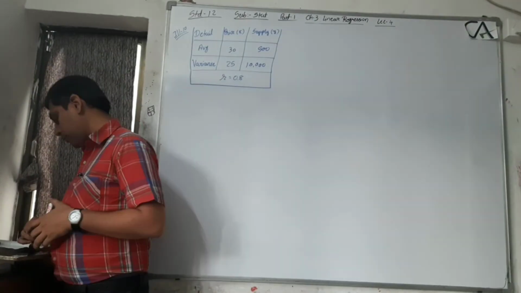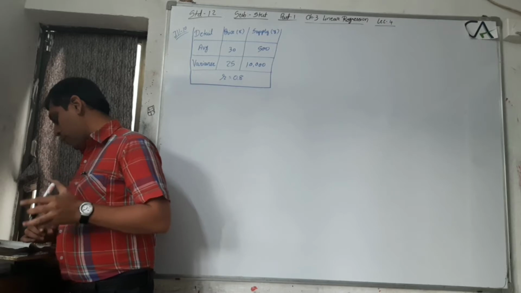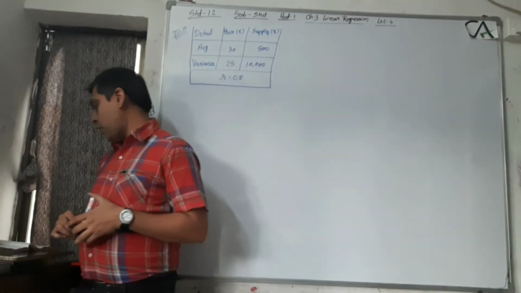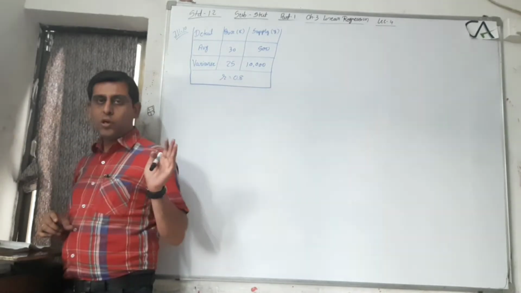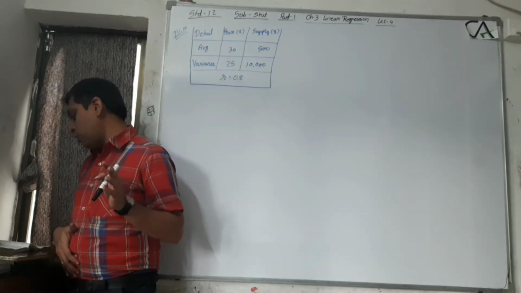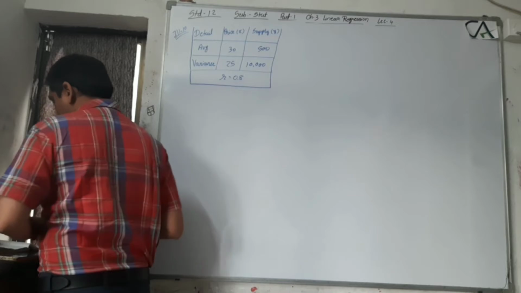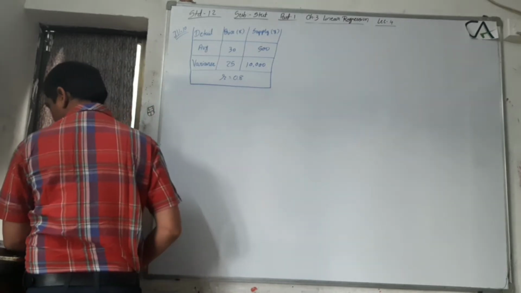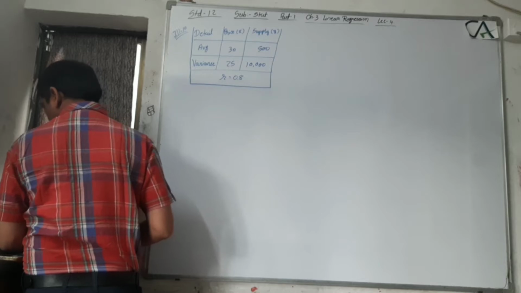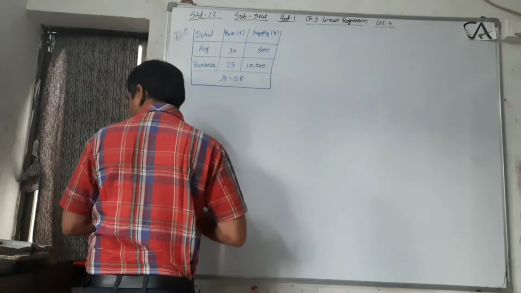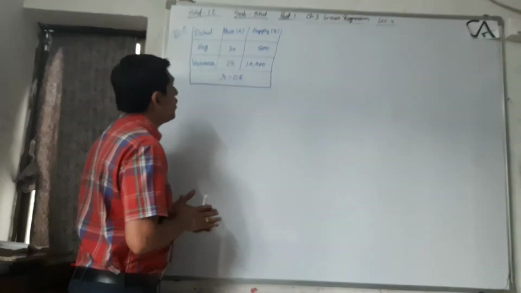Now illustration number 10. The information of price in rupees of a ball pen and the supply of a ball pen in units, price is your X and supply is your Y, at the end of each month of the year for the company making ball pens is given below. Estimate the supply of a ball pen when its price is rupees 40.